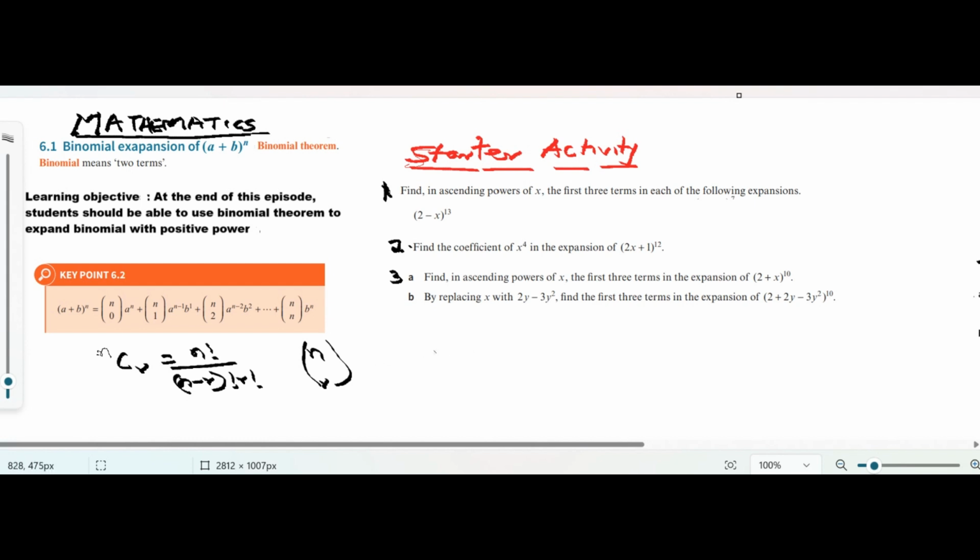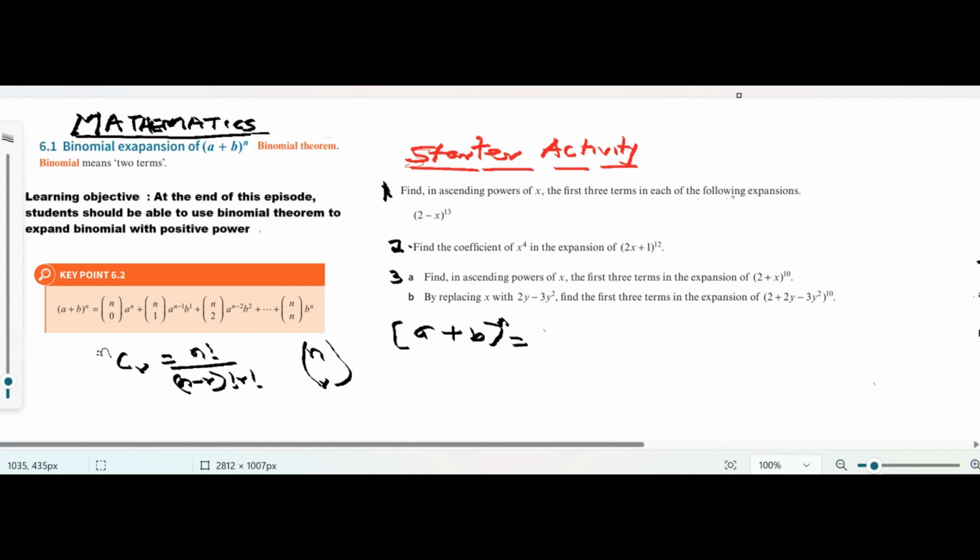Alright, if you are asked to expand any binomial expression of a plus b raised to power n, let's check the general expansion for the binomial theorem. Like what we did in Pascal triangle, you write out the coefficient, and as the power of a is decreasing, the power of b is increasing.